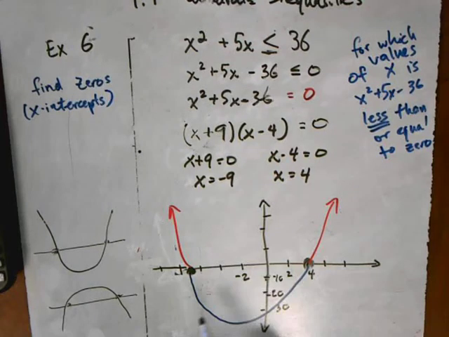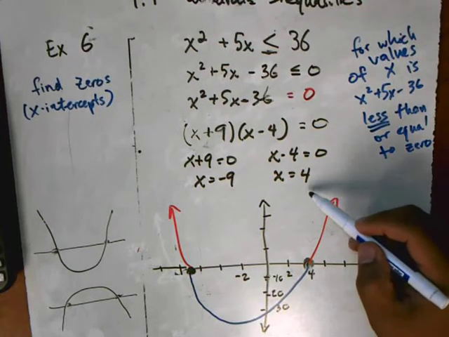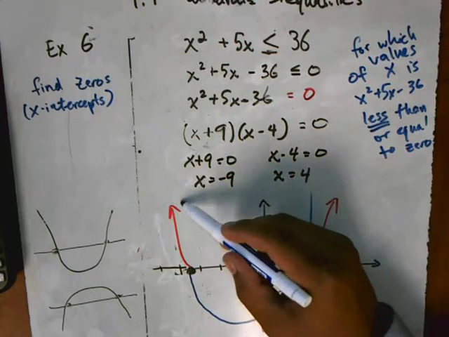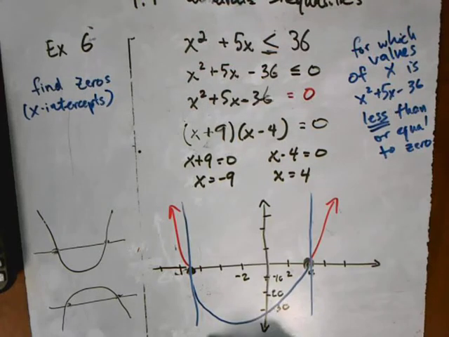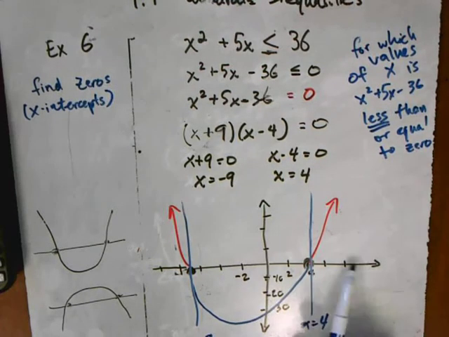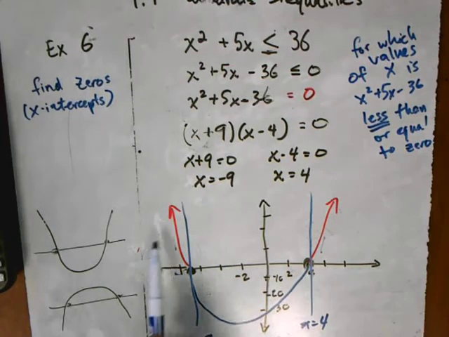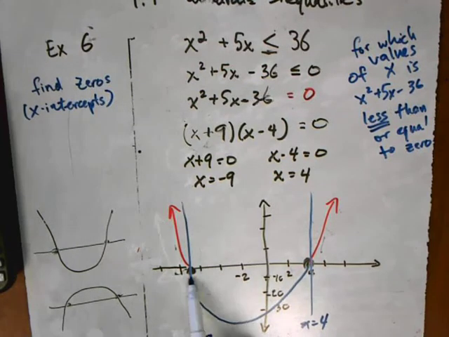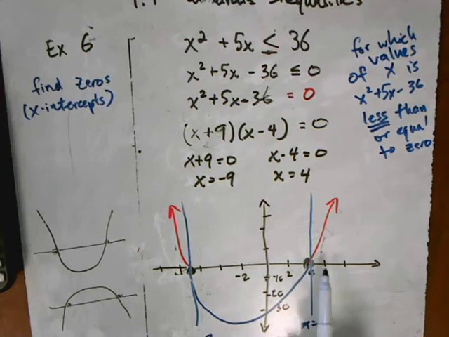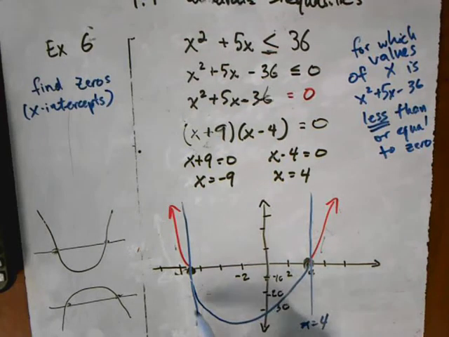So in other words, if I draw some vertical lines here just to separate it, this is x equals -9, this is x equals 4. I know that to the right of this, the graph is positive. To the left of -9, the graph is positive. But between -9 and +4, the graph is negative.